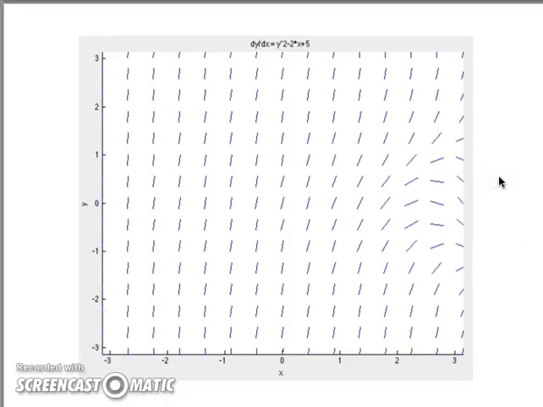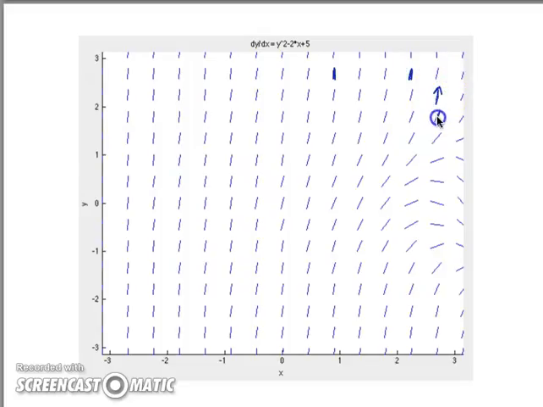And so this is the type of job that you could do by hand, but is actually a very good job for a computer, which is exactly how this figure was generated here. And the point that I'm trying to make is that we want to be able to interpret these lines here.